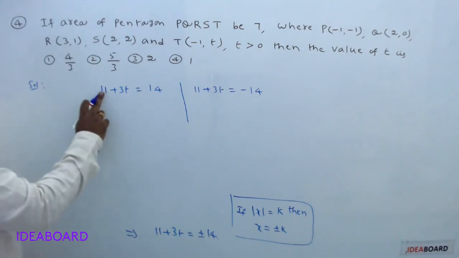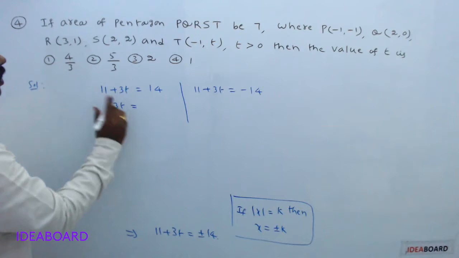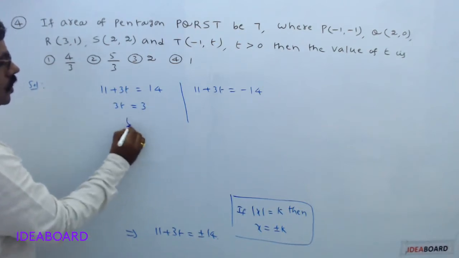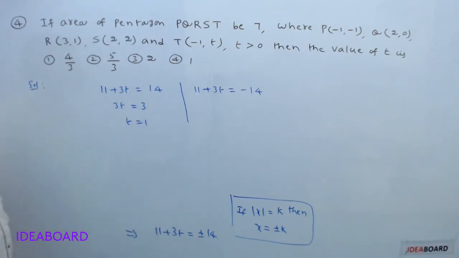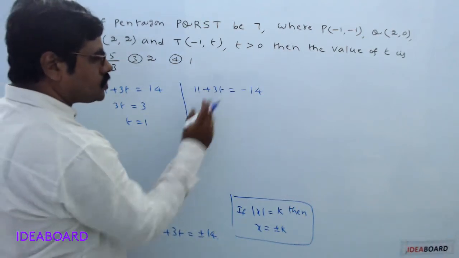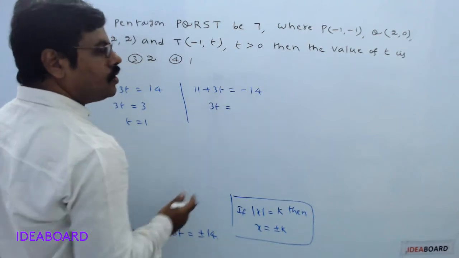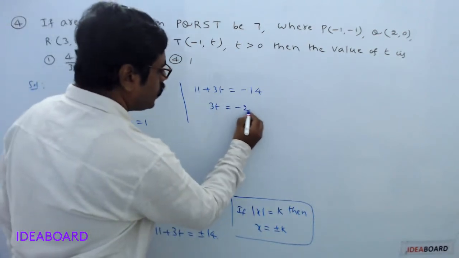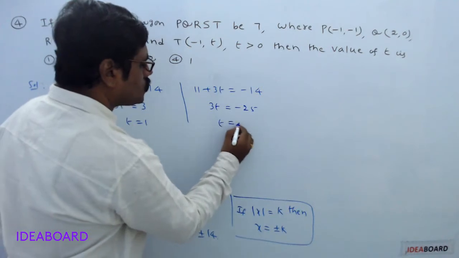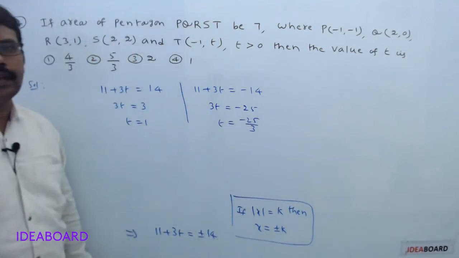Now bring this 11 from LHS to RHS. 3t equal to 14 minus 11, that is 3. Therefore t equals 1. Here bring this 11 from LHS to RHS. 3t equal to minus 14 minus 11. It is minus 25. So t equal to minus 25 divided by 3.